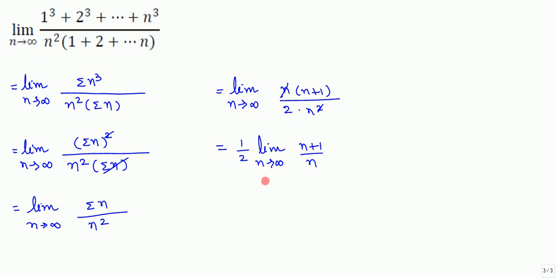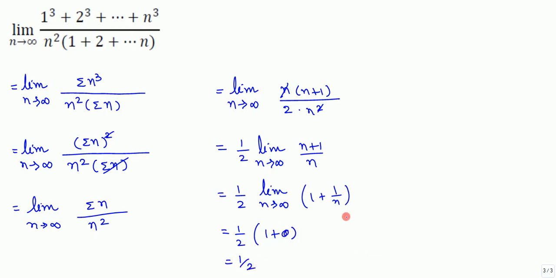Now dividing both the terms by n, 1 by 2 limit n tends to infinity 1 plus 1 upon n left, it is equal to 1 by 2 into 1 plus 0. So our answer is 1 by 2 into 1, 1 by 2 is our answer.